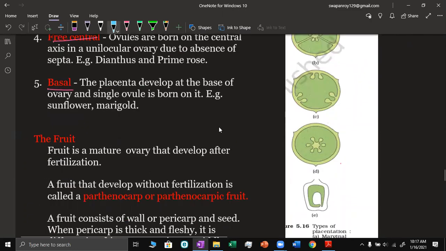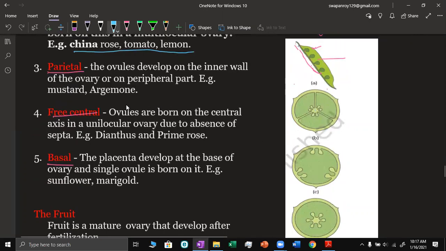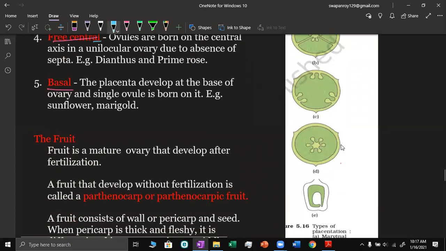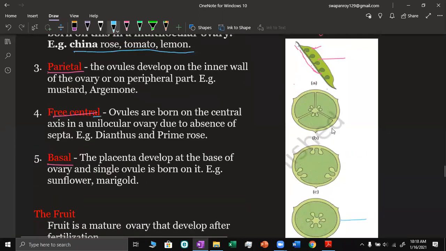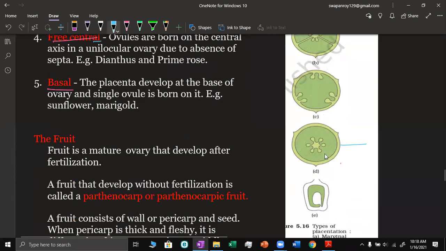Right. Then there is one which is called the free central, this one, same, this one and this one, this is the free central.